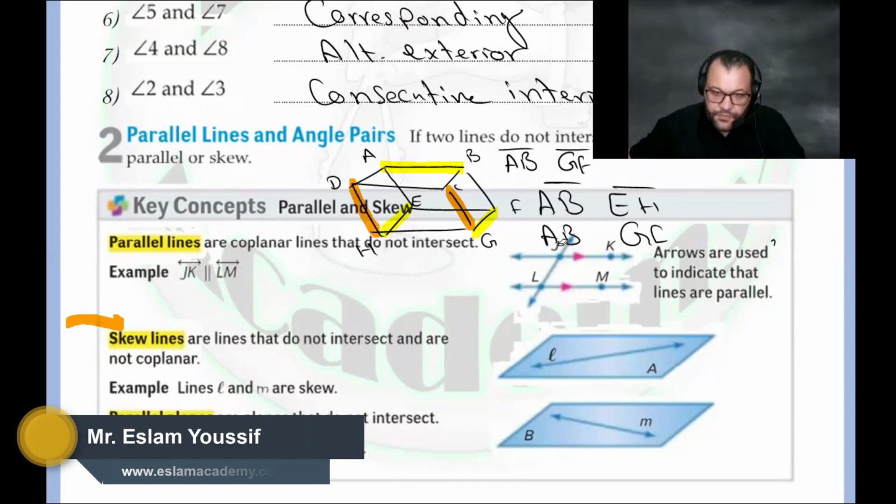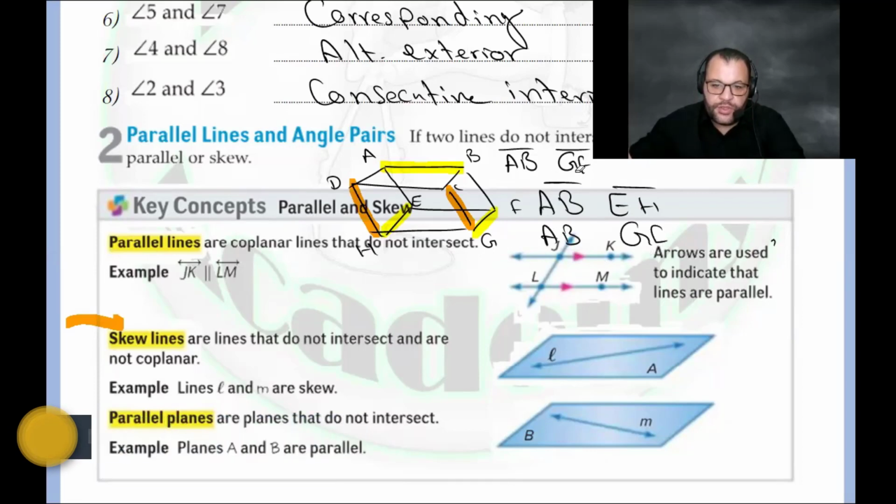DA, no, they are intersecting at the point A. So it means DH, HE, CG, GF, all of these sides will never intersect with AB, and they are not parallel with AB. You understand now what is the meaning of the skew?